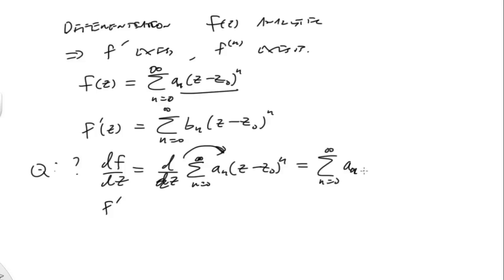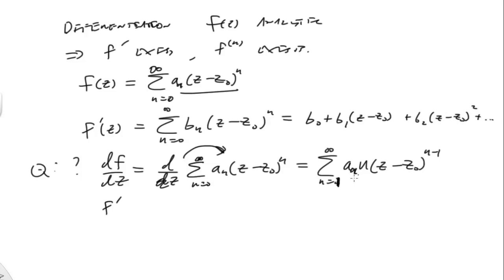The a naught is a constant, and then we have a_n times n times (z minus z naught) to the n minus 1 power. Now, of course, for the constant term, we have to start at n equals 1. So again, this is equal to b0 plus b1 (z minus z naught) plus b2 (z minus z naught) squared, and so on forever.